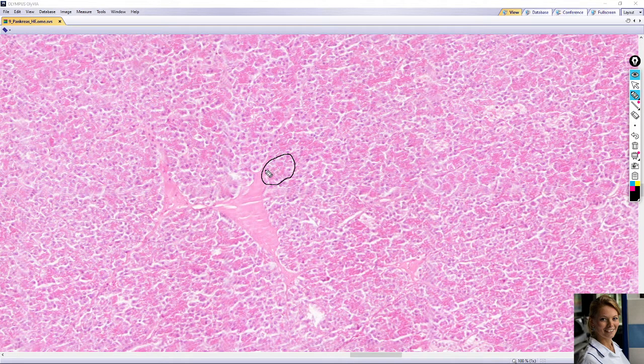The basal compartment of these cells is purple or violet because of abundant endoplasmic reticulum, but the apical part of these cells is pink, eosinophilic, because the apical part contains zymogenic granules.